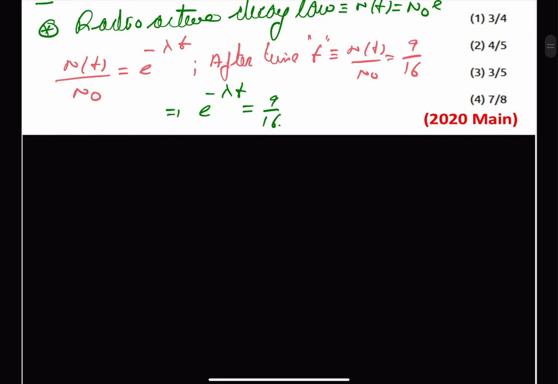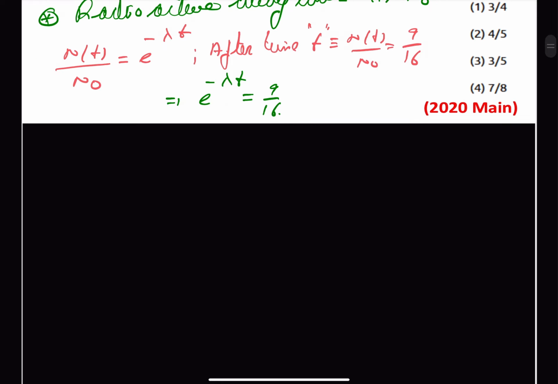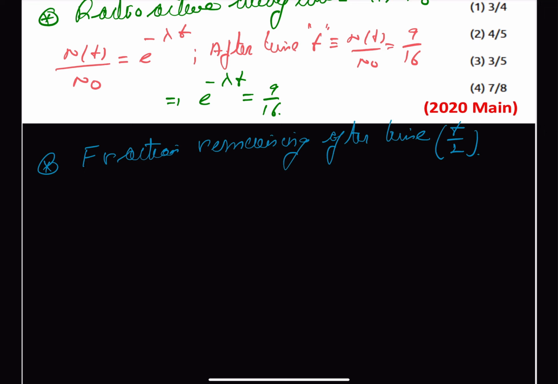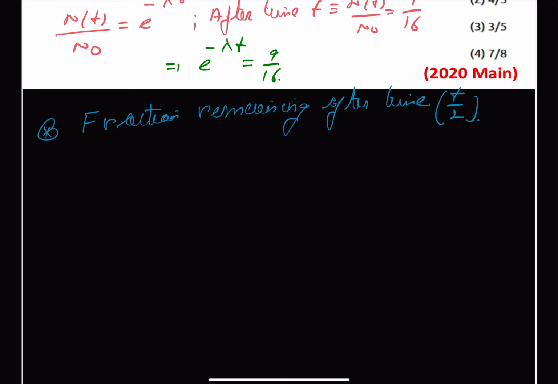Therefore, we can write the fraction remaining after time t by 2. So in place of t, we can easily write t by 2. So this comes as N t by 2 over N0, which is equal to e raised to power minus lambda t by 2.